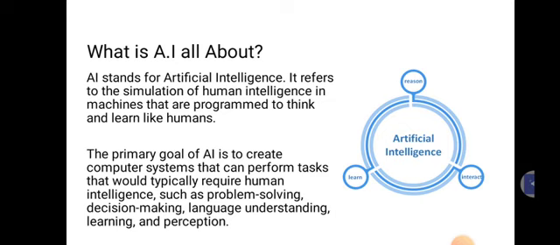Now here is something I want you to understand: the primary goal of AI is to create computer systems that can perform tasks that would typically require human intelligence, such as problem solving, decision making, language understanding, learning, perception, and so on.